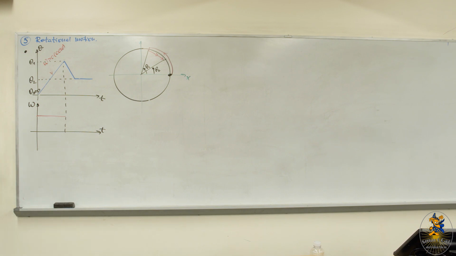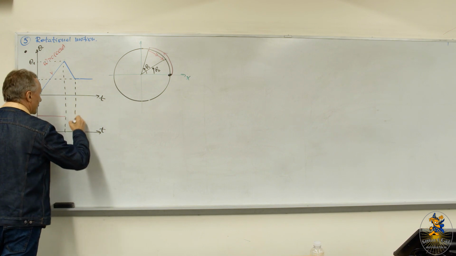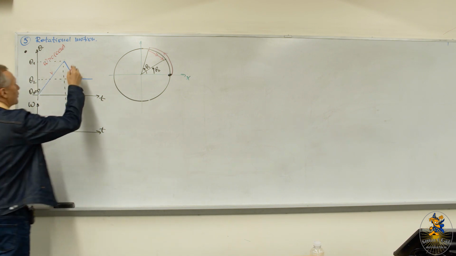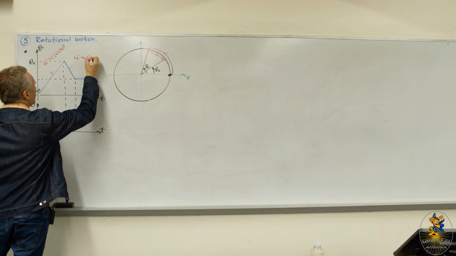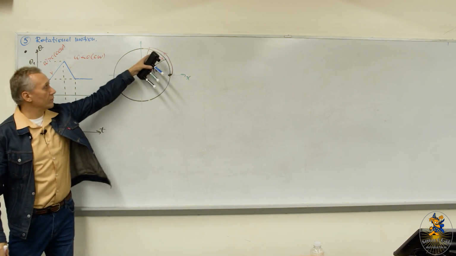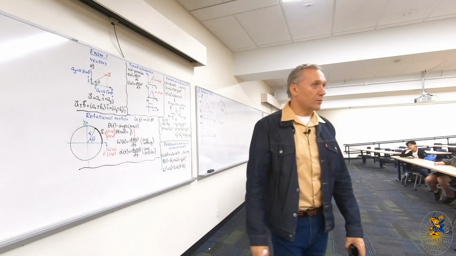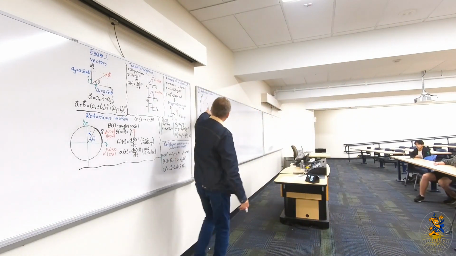Now next, when theta goes down, omega obviously is negative. It means that it spins in a clockwise direction, which we observed. And theta changes at the same rate, so omega is constant, the slope is exactly the same.